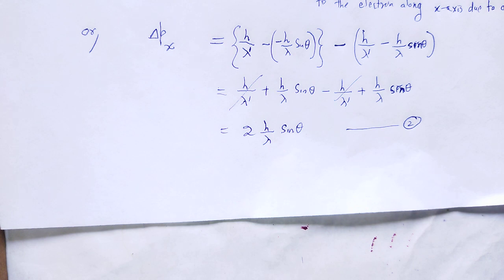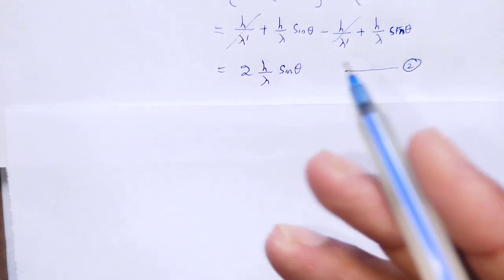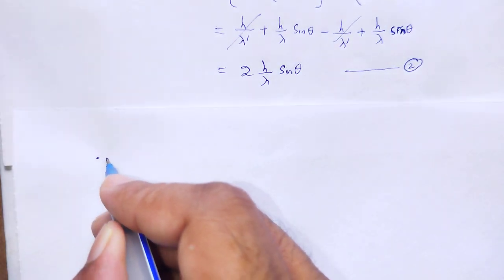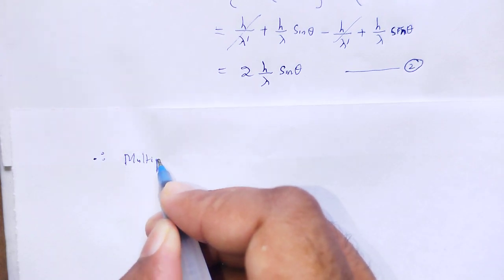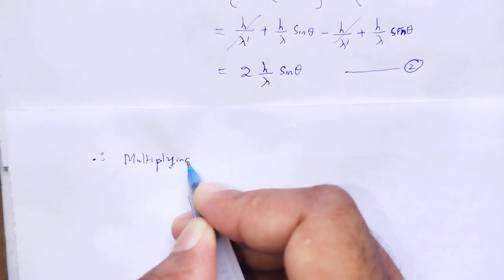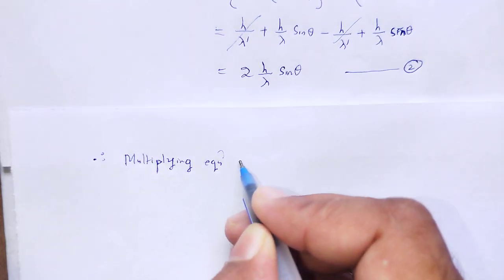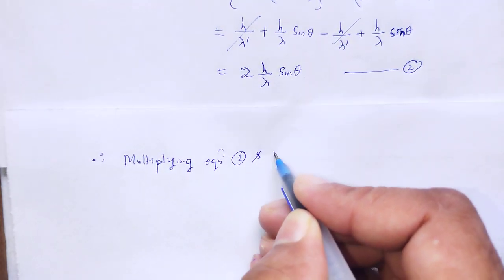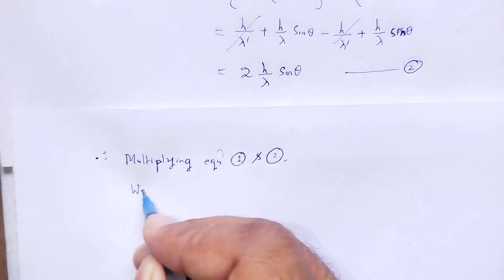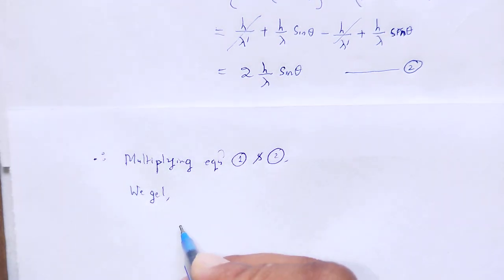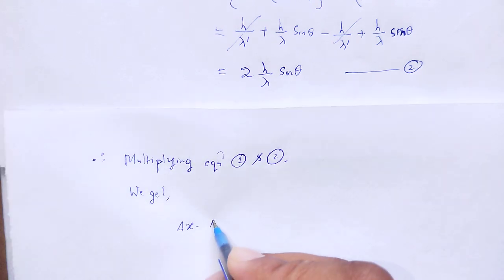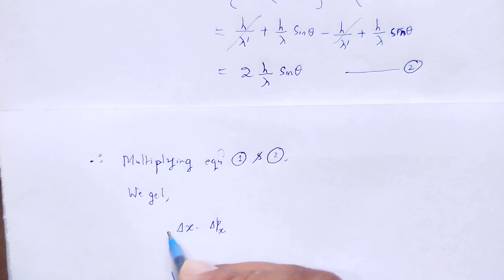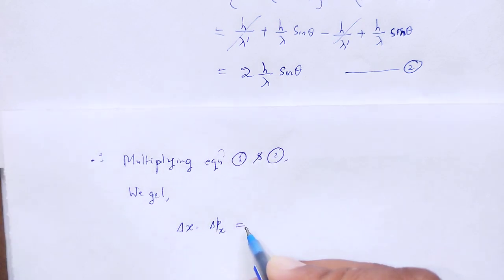Therefore, multiplying equation 1 and 2, we get del x into del px, uncertainty in position into uncertainty in momentum.